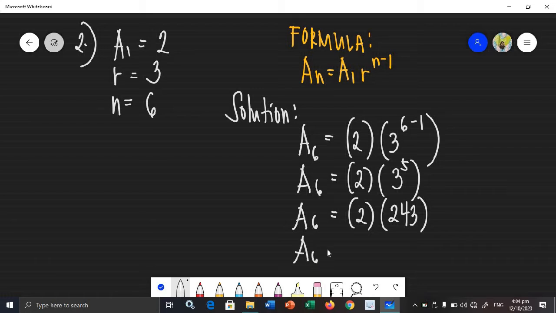A sub 6 is equal to the product of 2 and 243, that is 486. Therefore, a sub 6 is equal to 486, or the sixth term in the given geometric sequence is equal to 486. Hindi naman siya mahirap, substitution lang. And then, I have a word problem in your module. So, let's solve that.